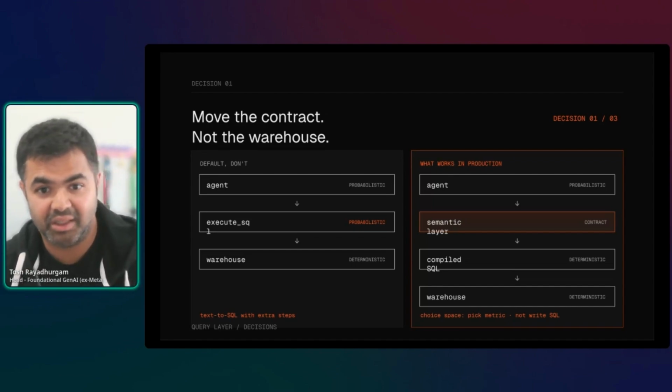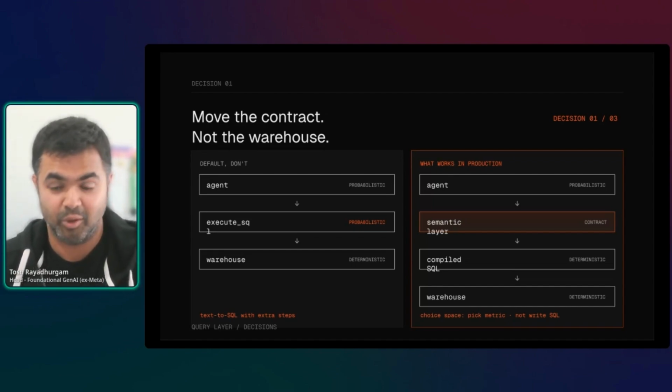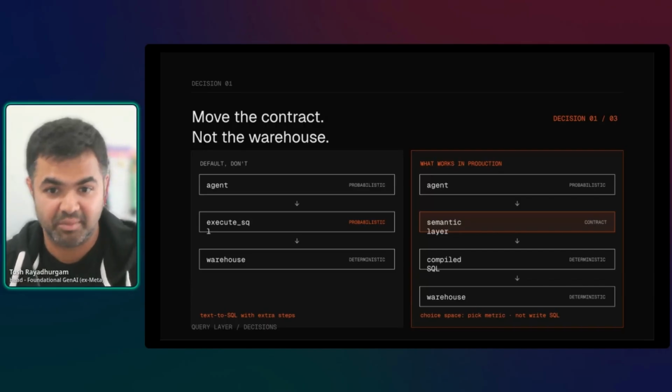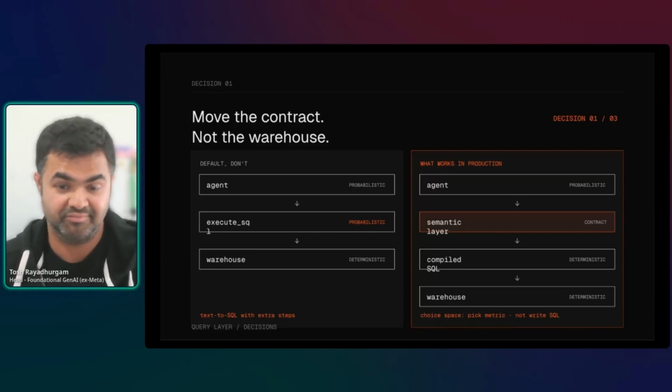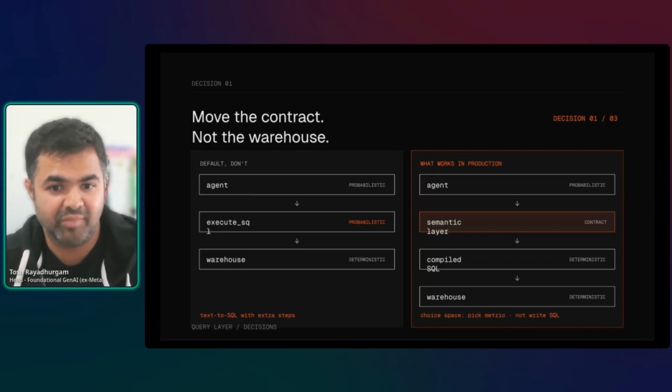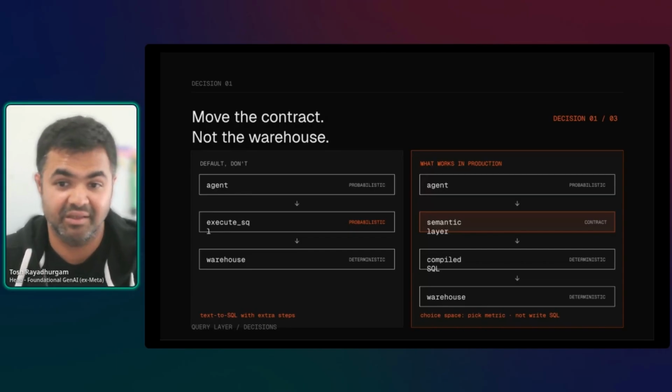That's governed by a metric API and not raw SQL. Once you have a model that picks a metric, the SQL is generated by a compiler, not a model, right? You have MetricFlow, you have Cortex Analyst, at scale. They're all converging on the same idea.